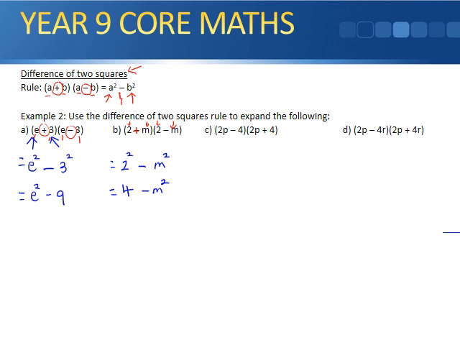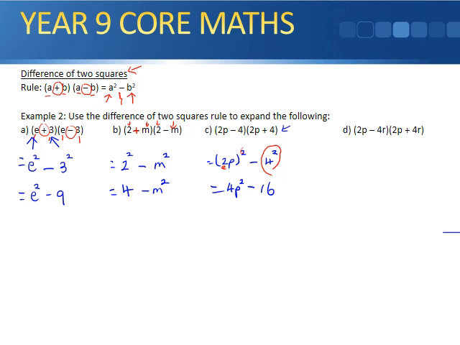And the same here, part C. Same brackets, one's a plus, one's a minus. Get the first one, 2p, and we're going to square it. So I'm going to put brackets around because I need to square the whole thing. Minus 4 squared. When I work this out, 2 squared is 4. So I get 4p squared, and 4 squared is 16. So I've got minus 16.